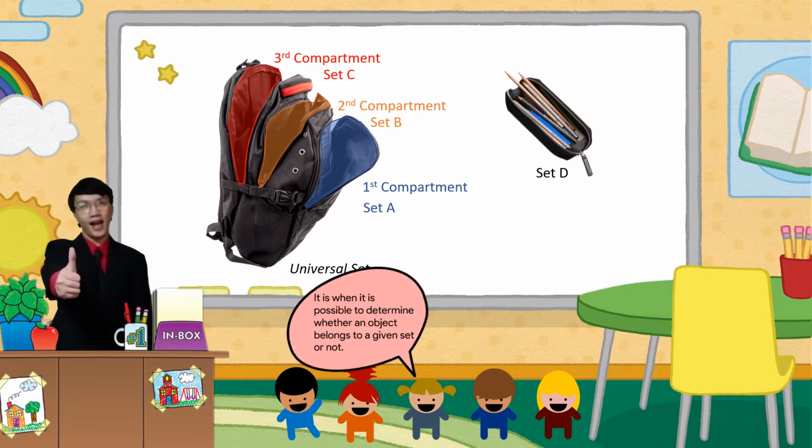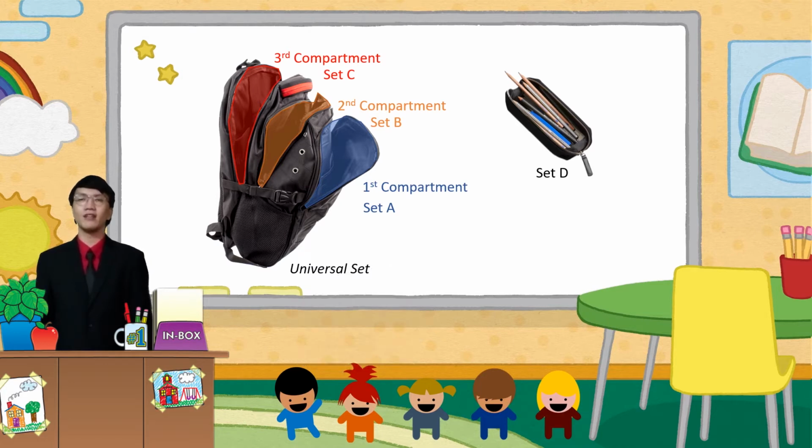Correct. As long as it is possible to determine whether an object belongs to a given set or not, it is a well-defined set. For this backpack, we can say that the first compartment is the set of notebooks. How about the third compartment? Since I put 2 items, a pencil case and an umbrella, will there be a subset?